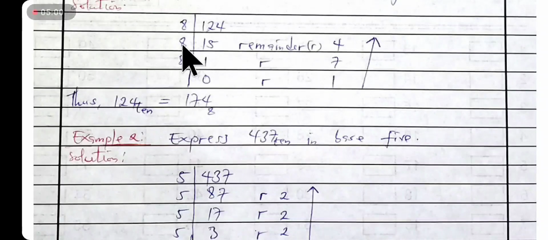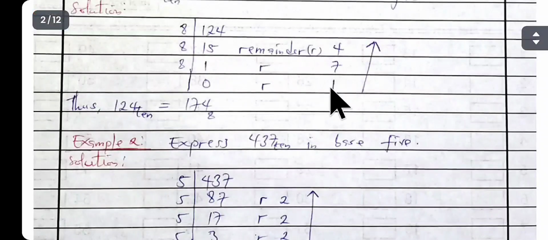Next, 8. How many times can 8 go into 15? It can enter 1 time, remainder 7. Then how many times can 8 go into 1? It cannot, so it is 0, and the remainder is the 1 that is here. So to convert 124 in base 10 to base 8, now we got these remainders, and they are our answer.